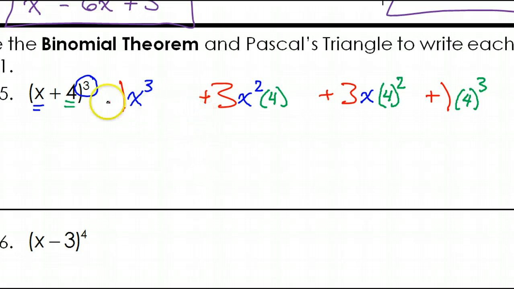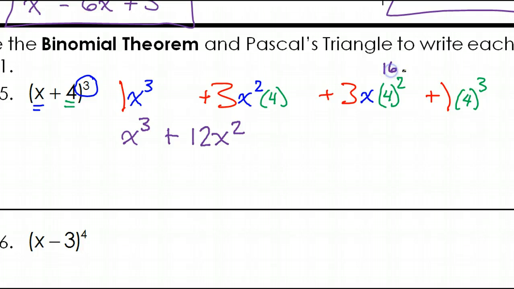So this is almost the answer, but because these are numbers, and not variables, I can go ahead and evaluate this. So I've got, instead of writing 1x to the third power, I will just write x to the third power. But here I've got the 3 times 4, that's 12. So I will go ahead and put 12x squared. Now here, 4 squared is 16.